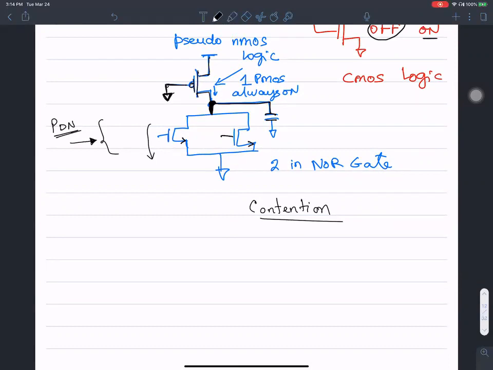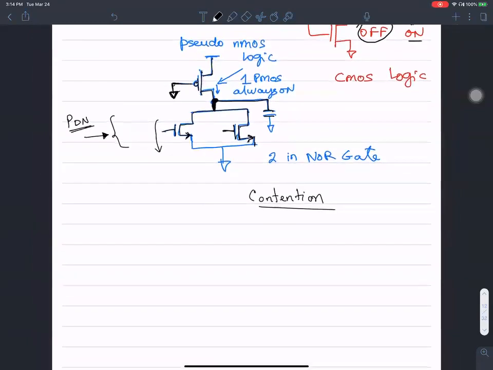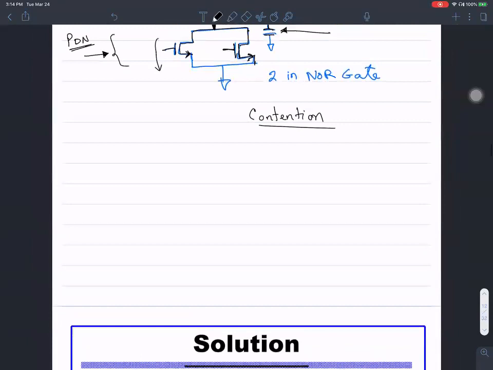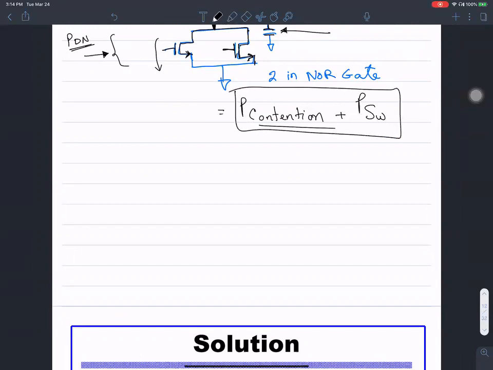And when the pull-down network turns on for part of the cycle, there is a contention between the pull-up network and the pull-down network, trying to drive opposite values on the capacitor. Okay, that's the idea of contention current. Contention current plus switching power consumption contributes to the dynamic power.